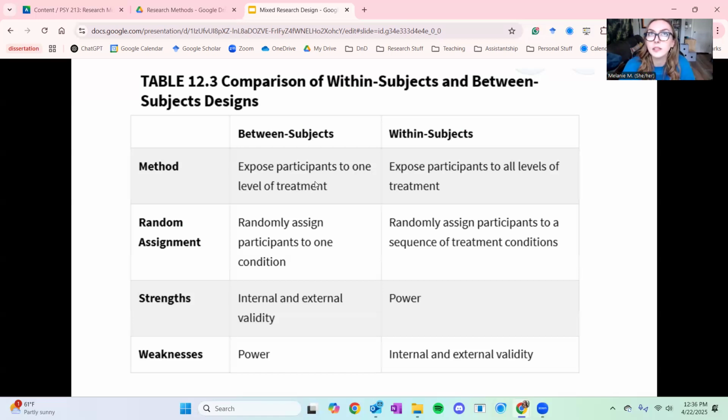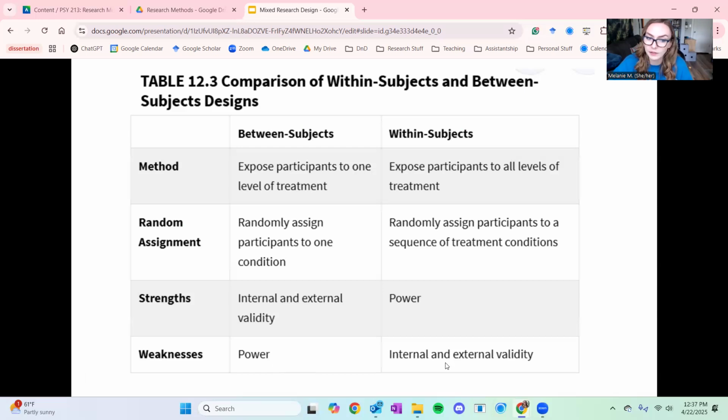But if you're using the same participants as the comparison point, like you do within subjects, it controls for a lot of those variances quite a bit more, because I'm able to say more confidently, okay, it's not the difference between participant groups because it is the same participant. It has to be then something about the order of treatment or about the treatment itself, depending on your research question.